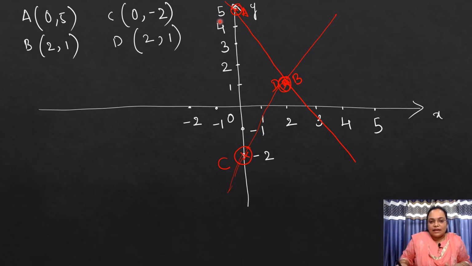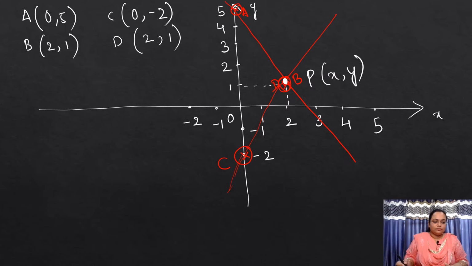You can see that the graph is a intersecting lines, right? So the 2 lines intersect or meet at a single point, right? So that point P of x and y is the solution of a given pair of linear equations. Okay, so what is the P?